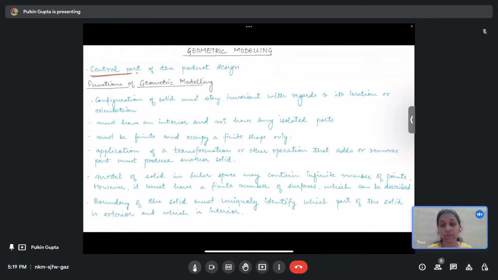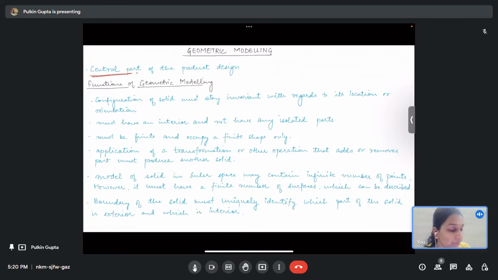The configuration of a solid must stay invariant with regard to its location or orientation. This means that if you have a cube, it should remain a cube even if you change its position or orientation. It should have an interior and must not have any isolated parts.